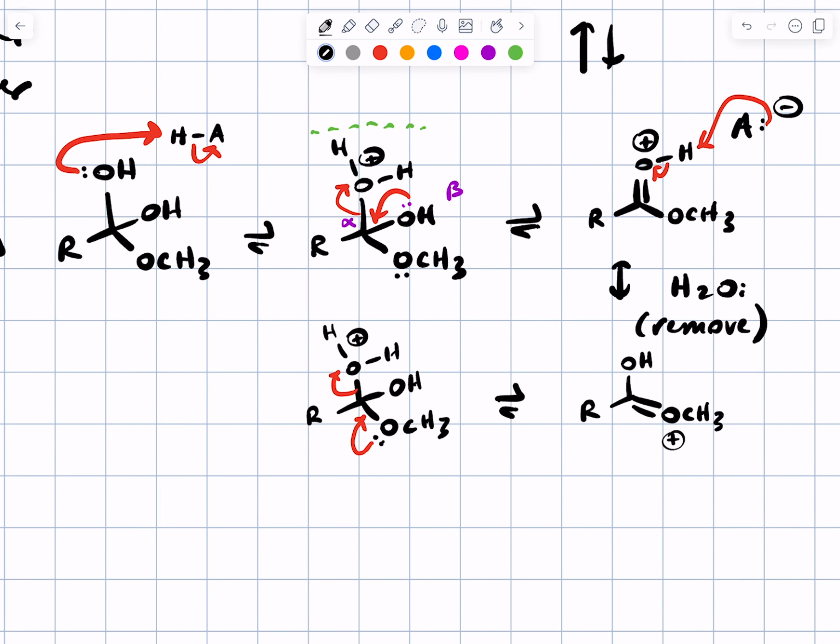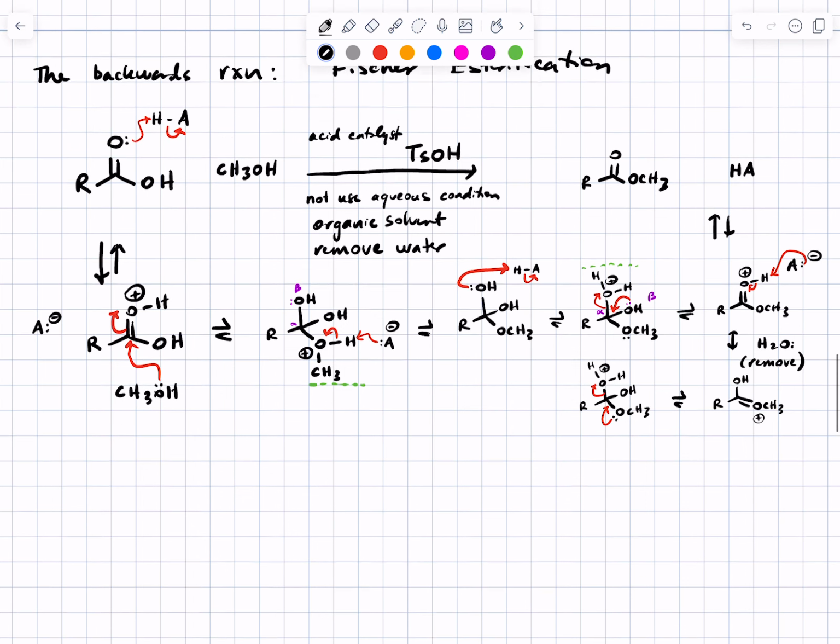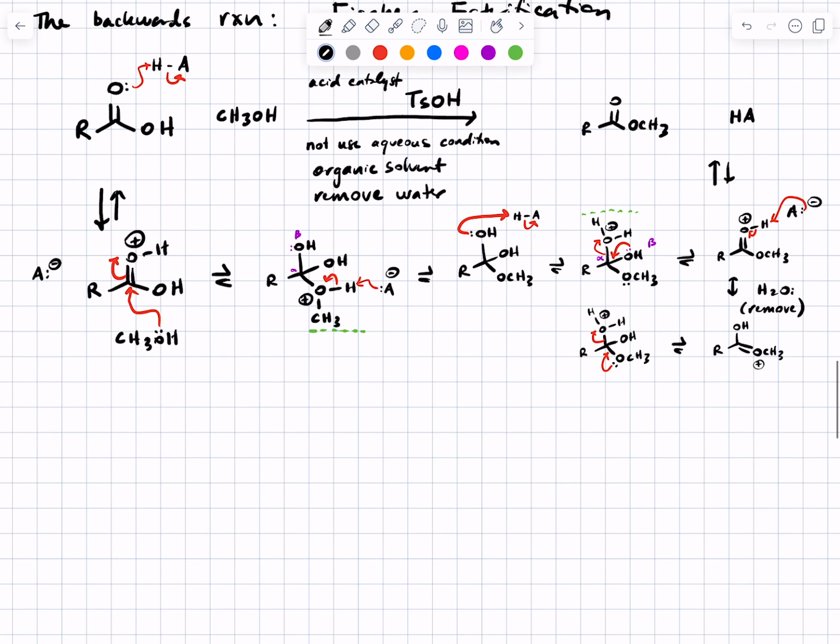Okay, so that's Fischer esterification. And that's how we take a carboxylic acid and convert it into an ester. It's worth pointing out that there's a reason why, if you want to take a carboxylic acid and convert it into an ester, you've got to use these acidic conditions.